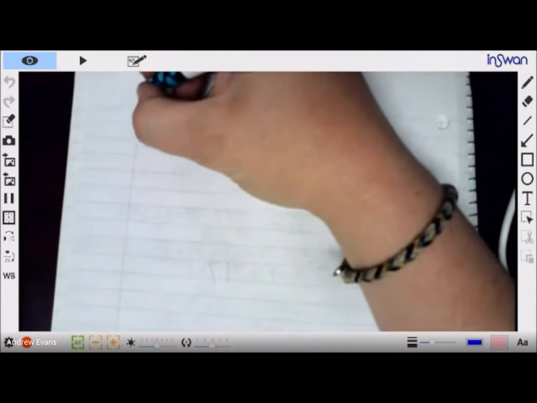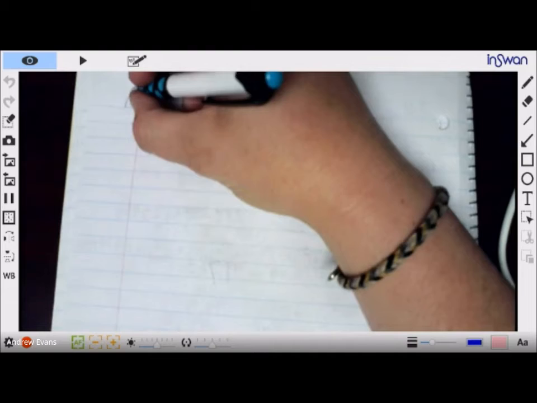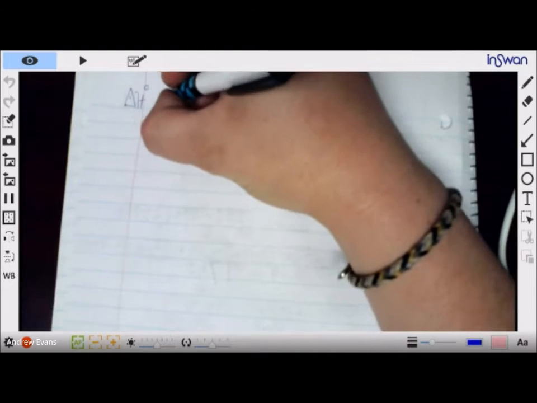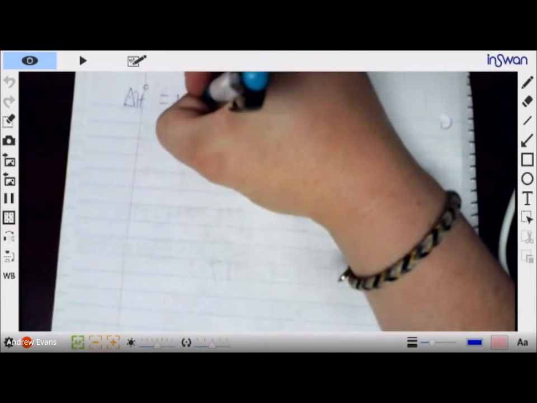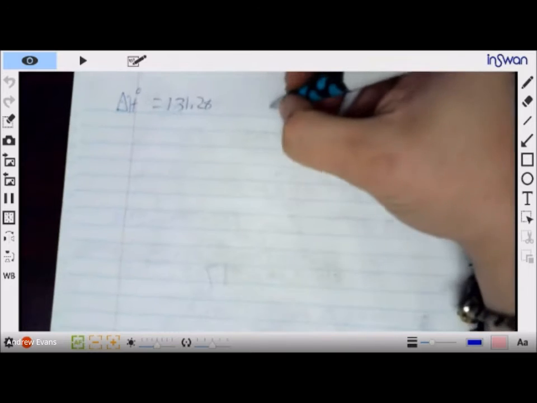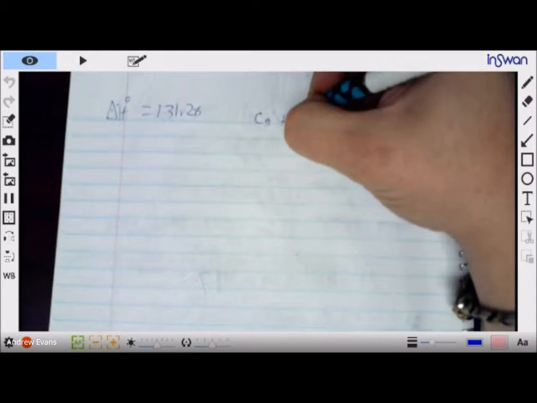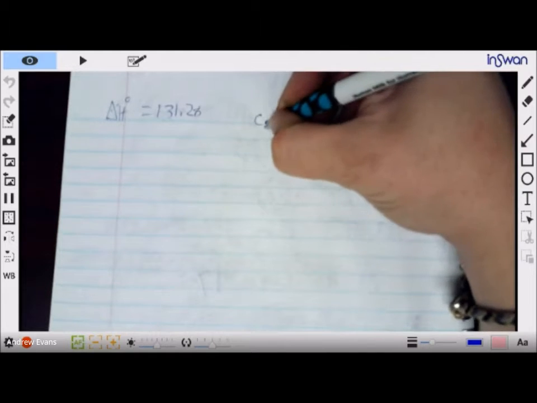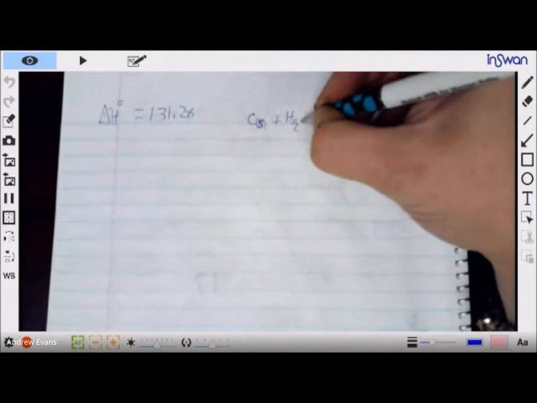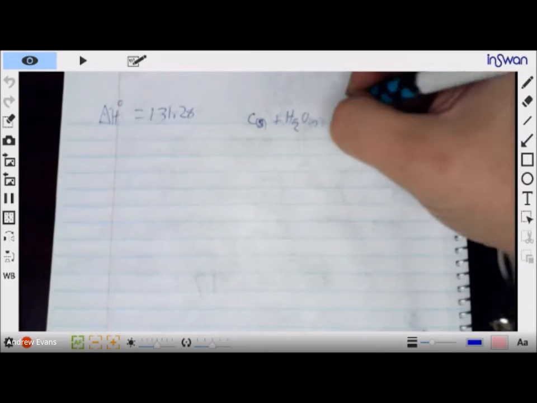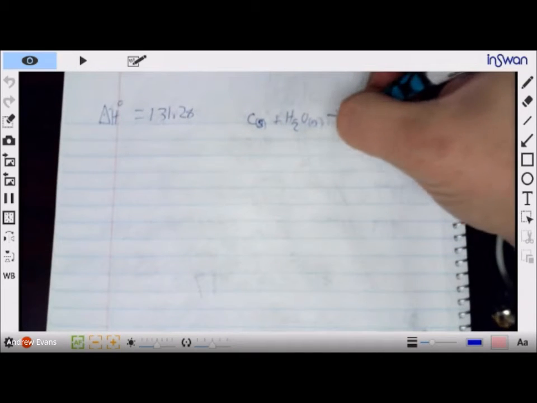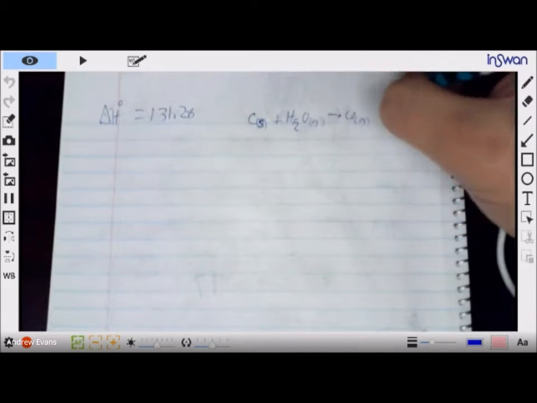Problem number 11. At 298 Kelvin, the delta H of reaction is 131.28 for the following reaction: C graphite plus water gas goes to CO gas and H2.